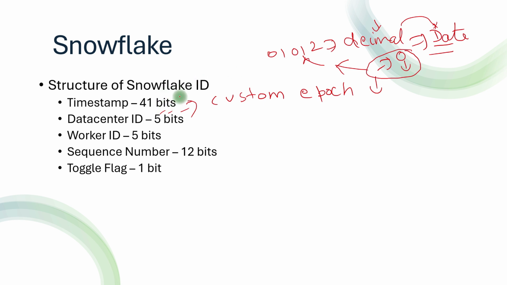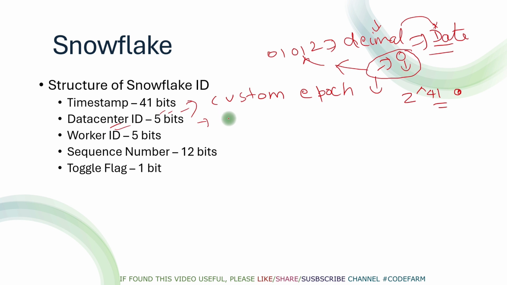If we see how many numbers can be generated with 41 bits, that is 2 to the power of 41 combinations, which is a very good number. This many IDs can be generated by the 41 bits alone. Next comes the data center ID, which is 5 bits.